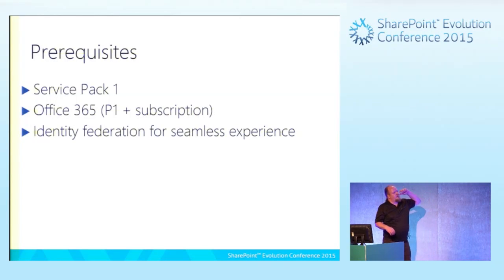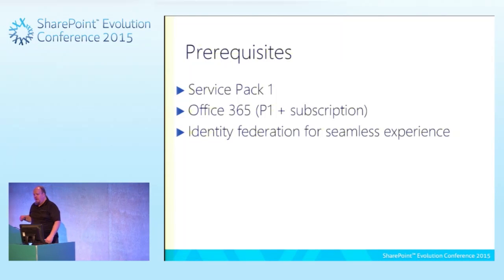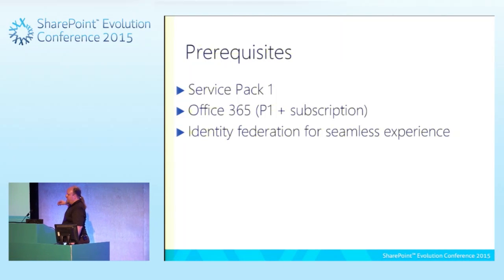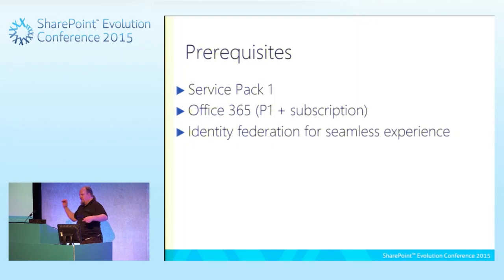The requirements are that you have Service Pack 1 for SharePoint Server 2013 deployed on premises, an Office 365 subscription so that you can redirect to the cloud, and ADFS to get the seamless authentication flow.